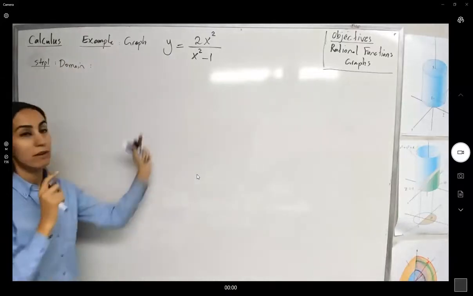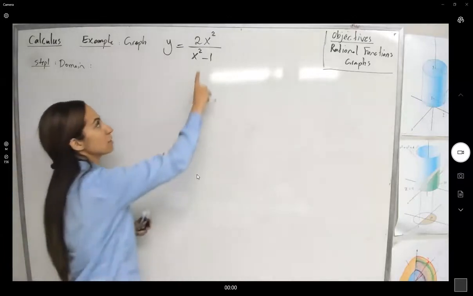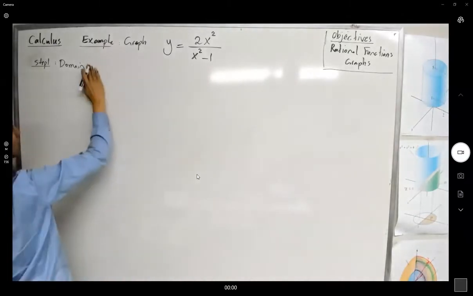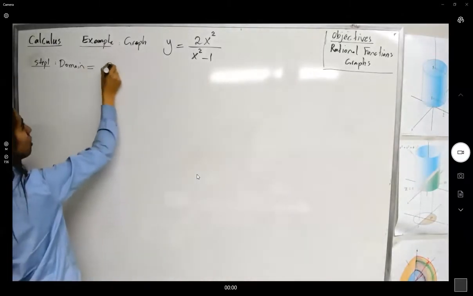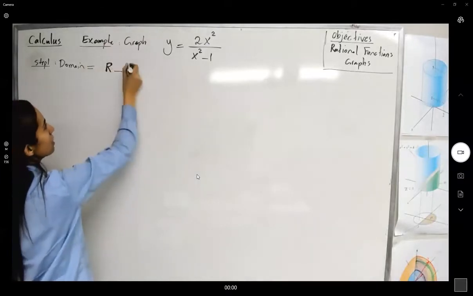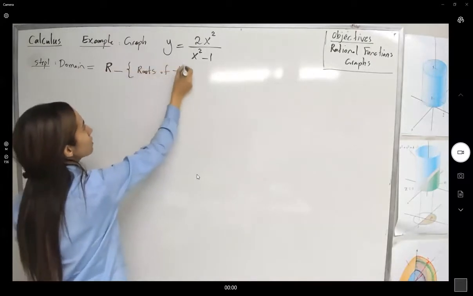The domain of a rational function is R minus the roots of the denominator. Domain is equal to R, all real numbers, minus the set of roots of the denominator.